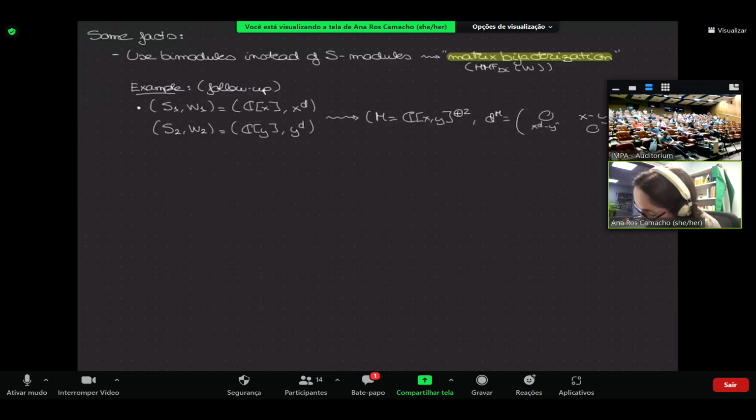And whenever I have, the condition for the category of matrix bifactorizations is that you subtract the action on the left minus the action on the right.